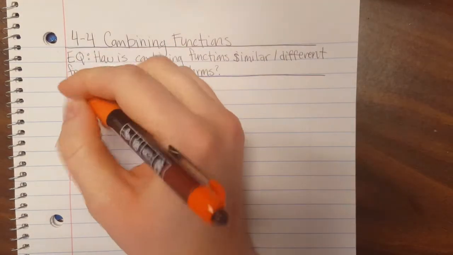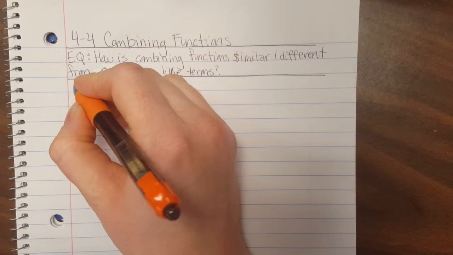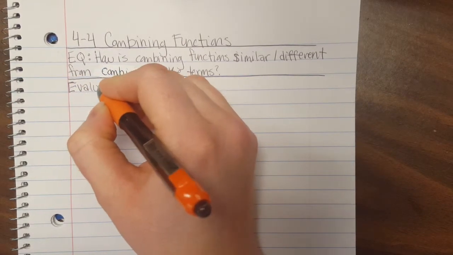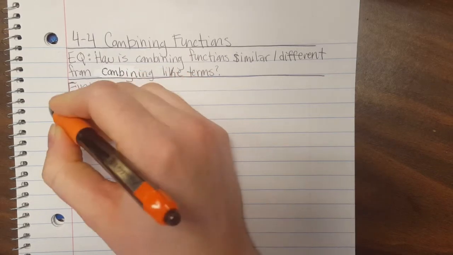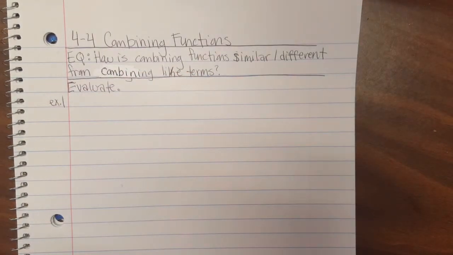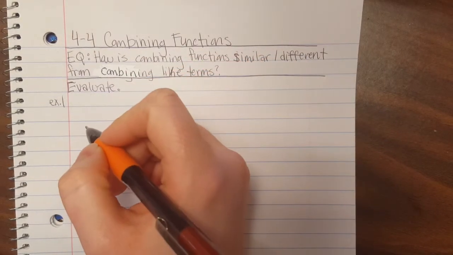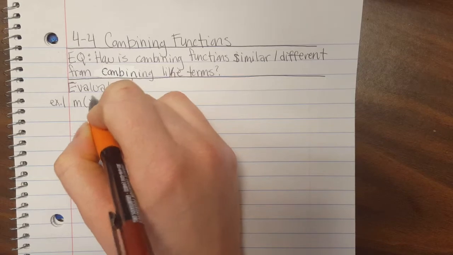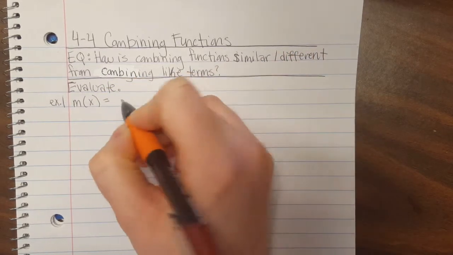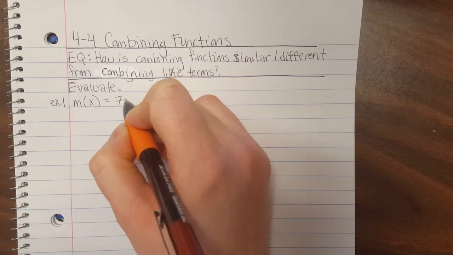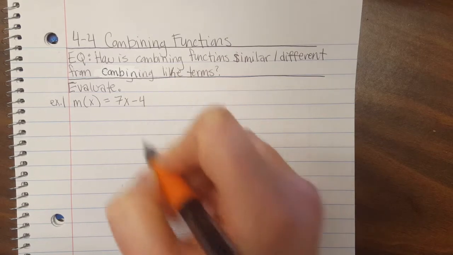Okay, first, before we start combining functions, we're going to start out with evaluating functions. Example 1. We're going to be given a function. It doesn't always have to be f. It can be some other letter like m of x equals, say, 7x minus 4.